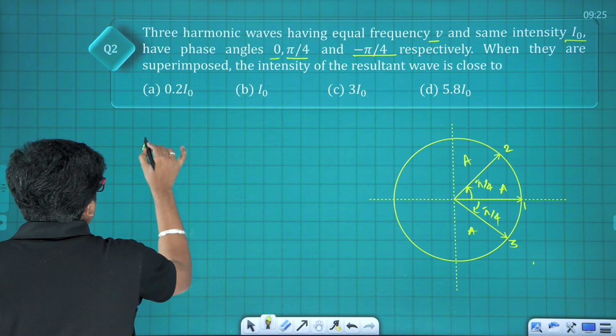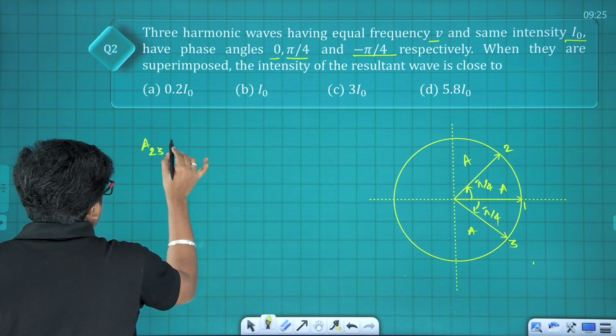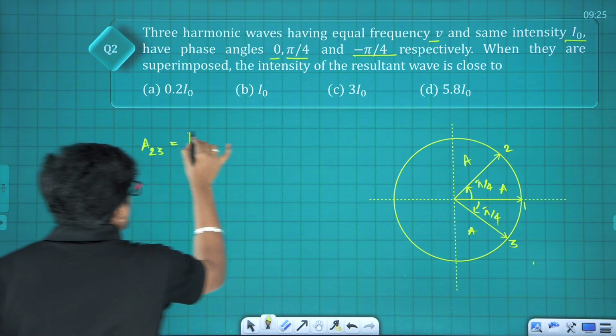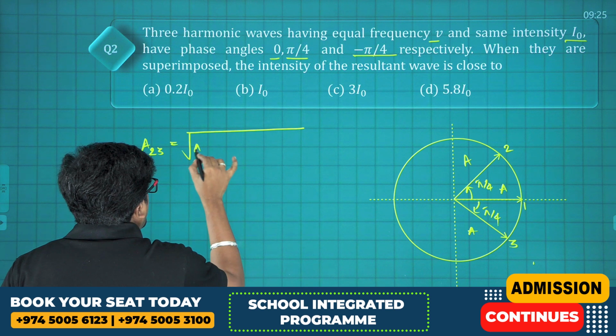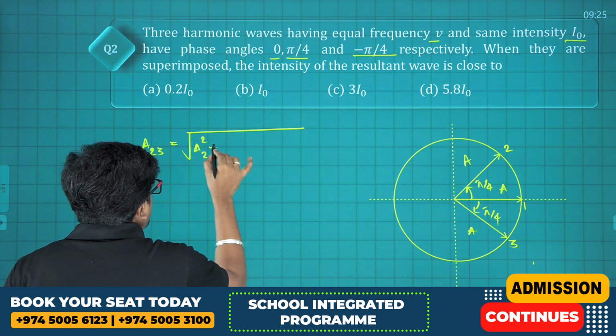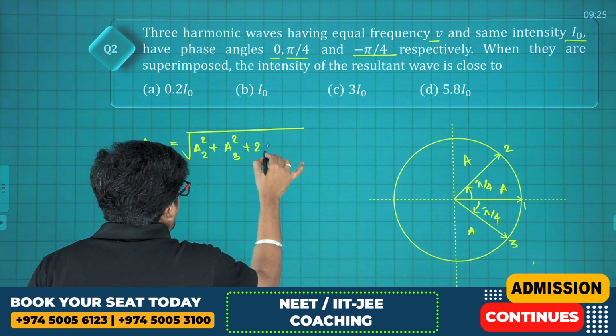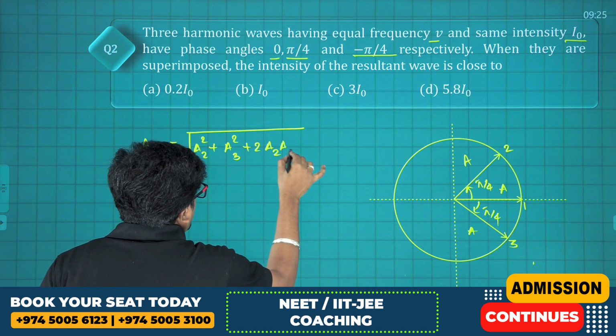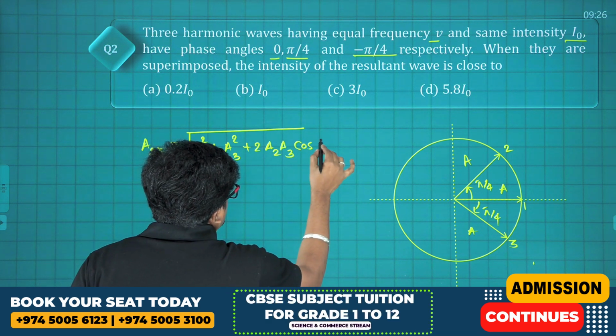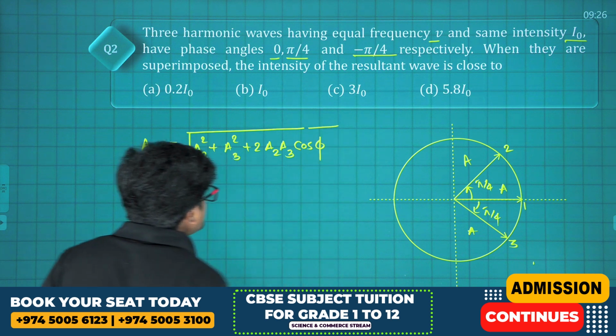The resultant amplitude of 2 and 3 is root of A2 square plus A3 square plus 2 times A2 A3 into cos of phi.